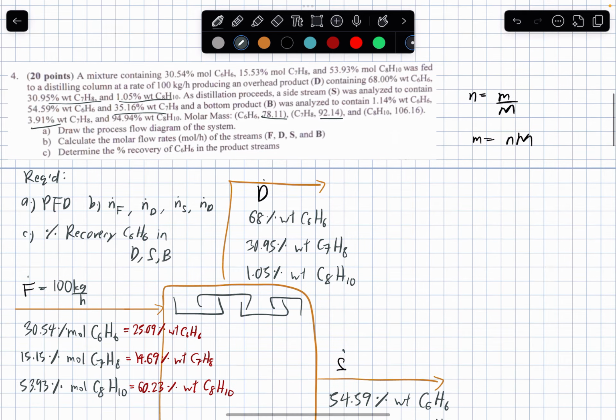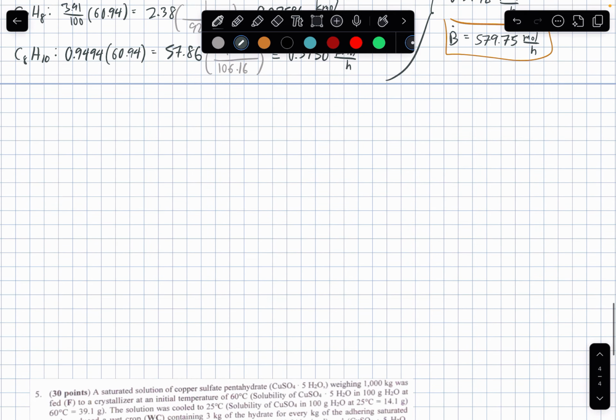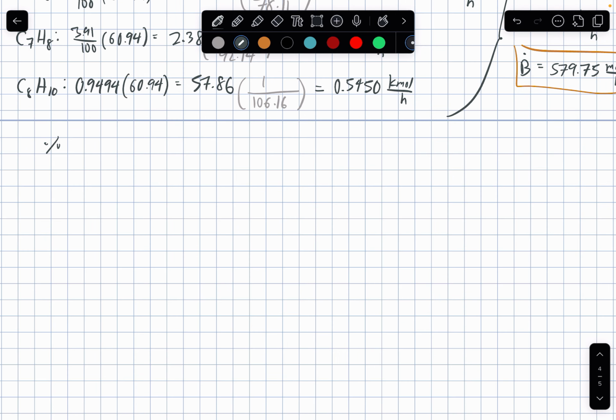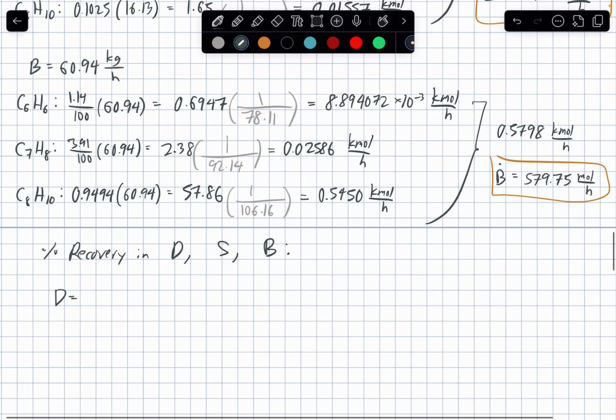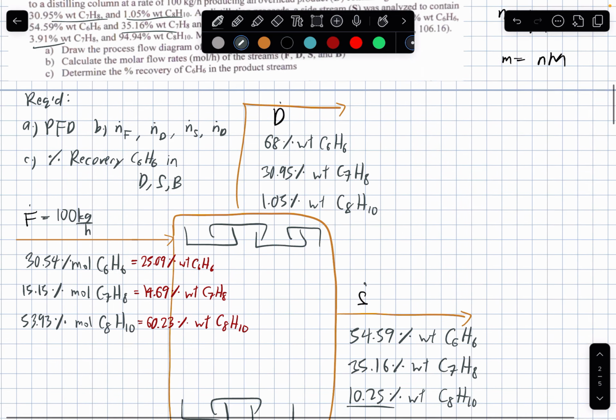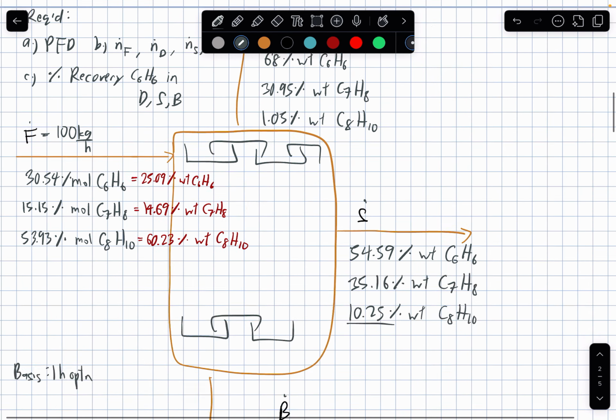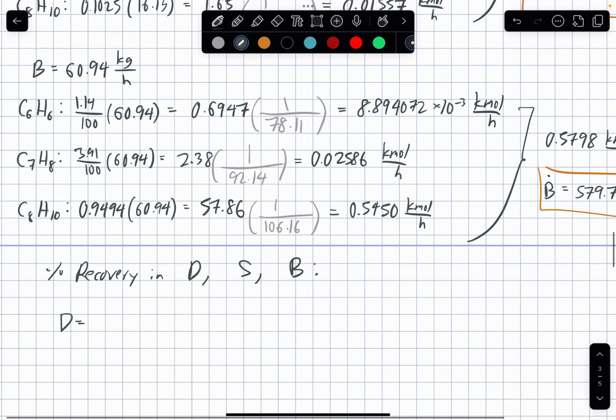Now, percent recovery. Okay. So, of what? C6H6, no? Yeah, specifically C6H6.